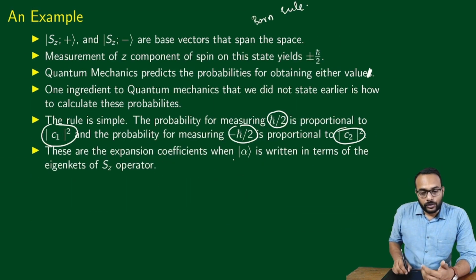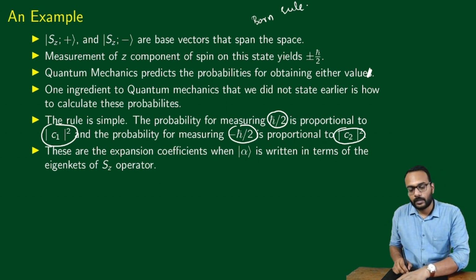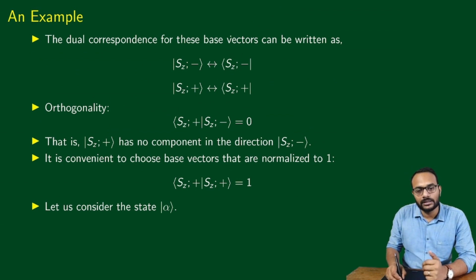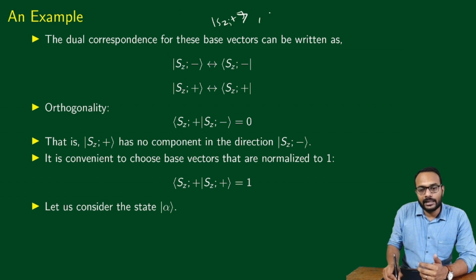These are the expansion coefficients when ket alpha is written in terms of the eigenkets of the Sz operator. Now the dual correspondence for these base vectors, Sz plus and Sz minus.